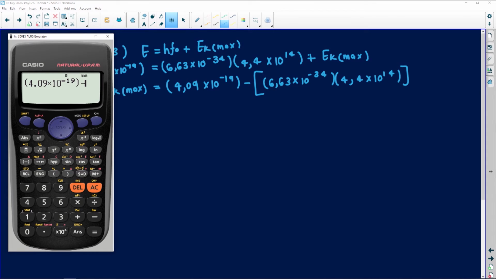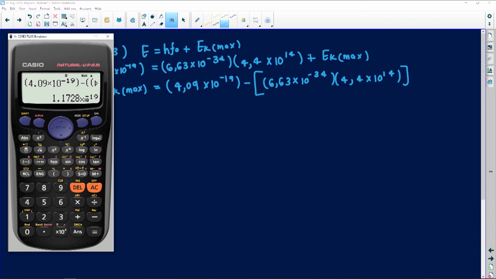Now minus, I'm going to open a bracket, then I'm going to put two brackets so that it looks like this: 6.63 times 10 to the exponent negative 34. I'm going to close my bracket. Remember, it's multiplied by 4.4 times 10 to the exponent 14. Close my bracket, and then this is the answer that I get.